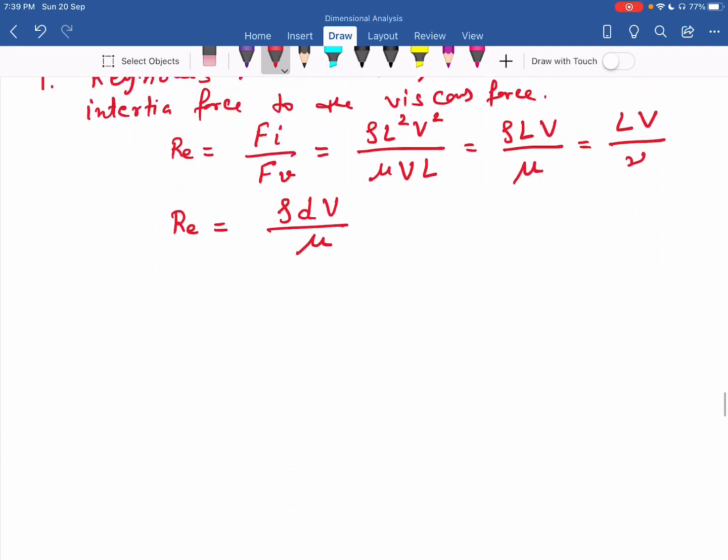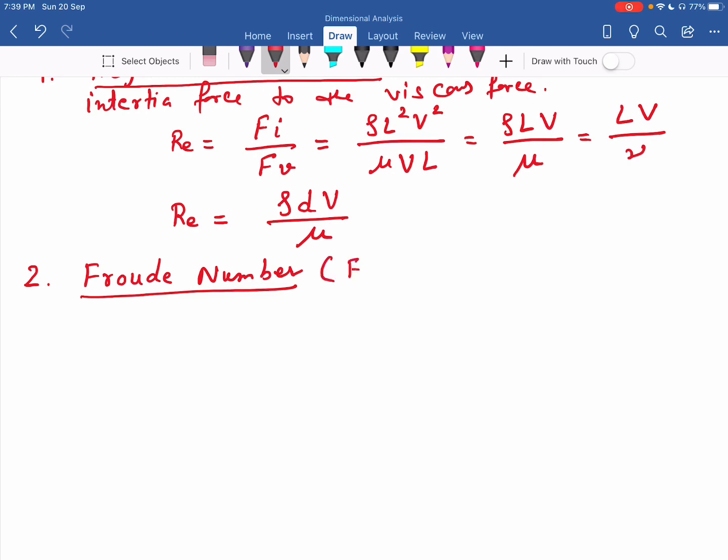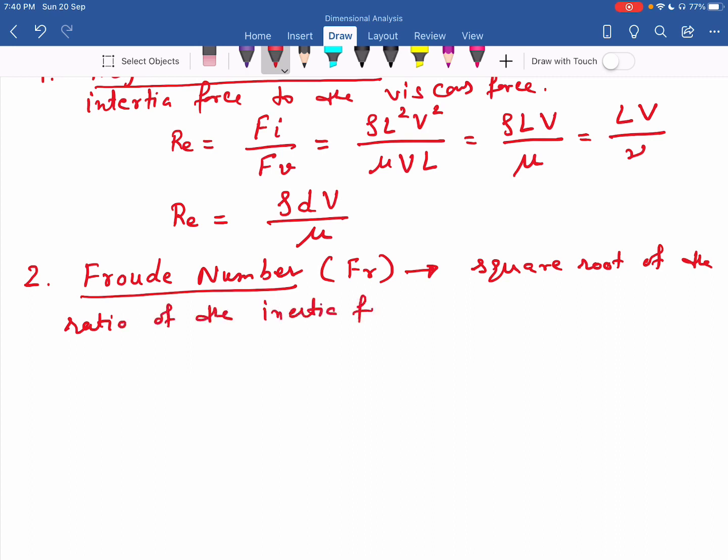Now the second dimensionless number is Froude number, represented as Fr. It is defined as the square root of the ratio of the inertia force to the gravity force.